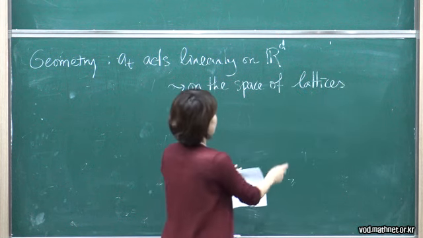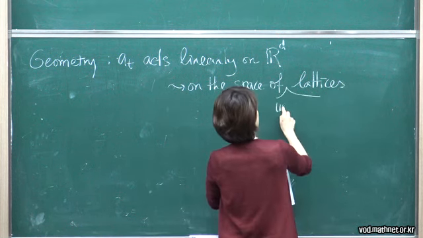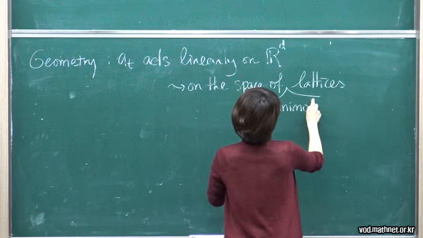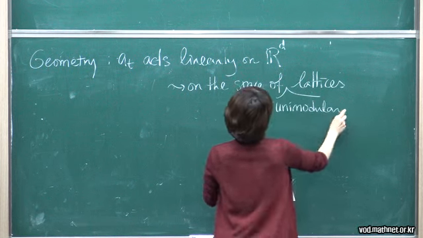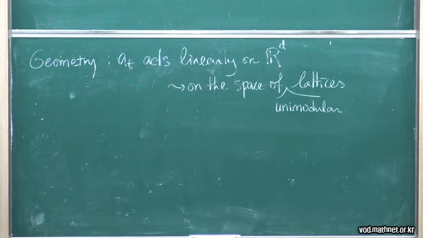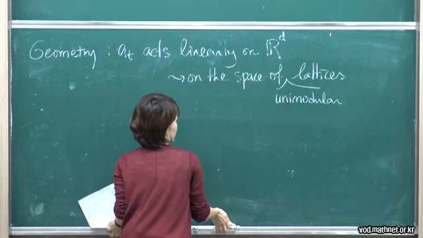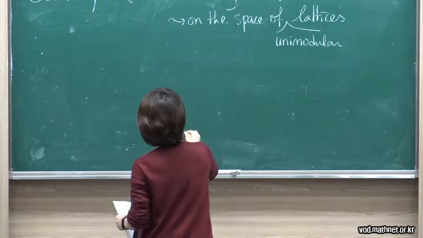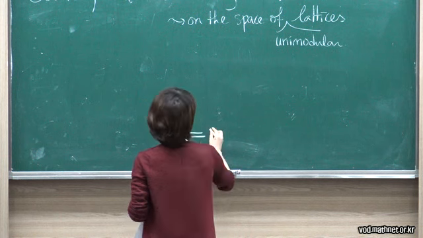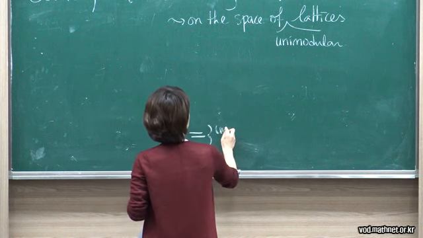For convenience, let's restrict ourselves to unimodular lattices, which means that the parallelogram spanned by these linearly independent basis vectors has volume 1. So if you look at the space of lattices, let me write here: X is the space of unimodular lattices.